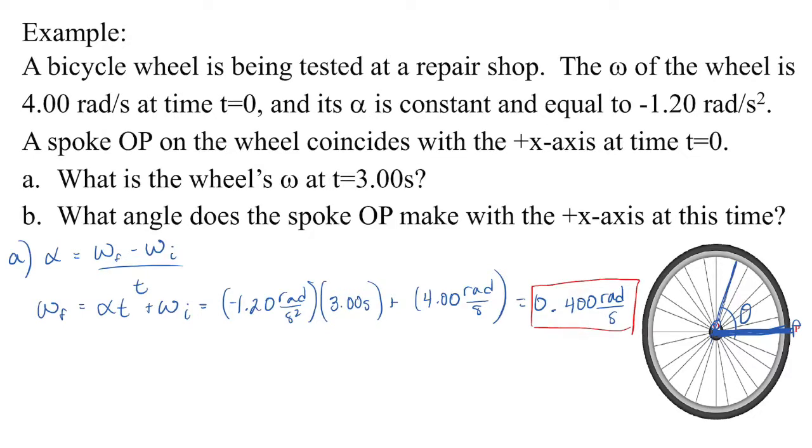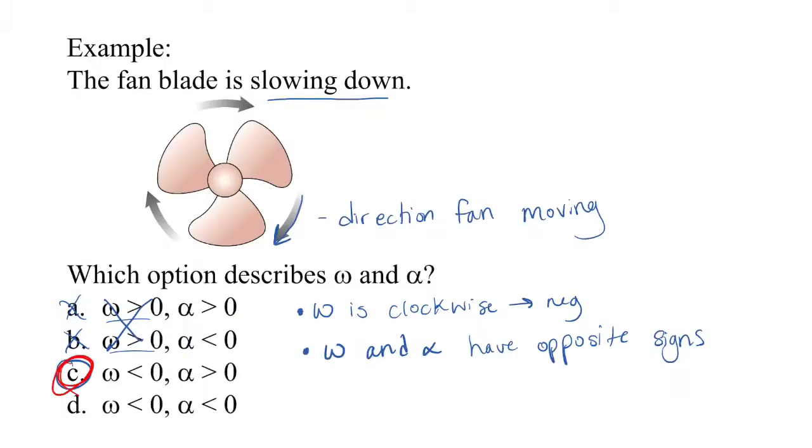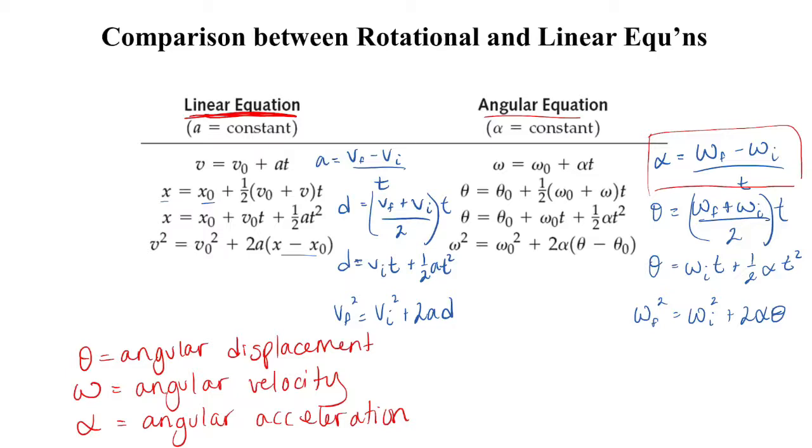B, what angle does the spoke OP make with the positive x-axis at this time? So I'm guessing at the 3 seconds. So basically, I want the angular displacement at this time. So again, I do have final velocity, but I have initial velocity, I have alpha, I have t. So what are we going to use?